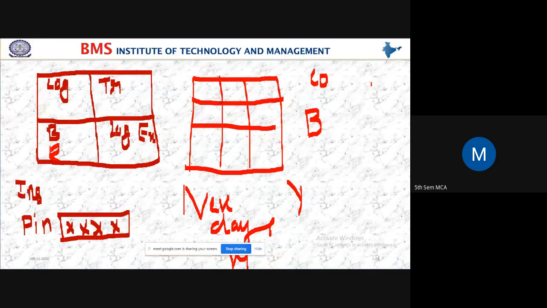Bhargavi. Kavya present, ma'am. Nilanjan, okay. Nishan present. Rizwan absent. Shruti.